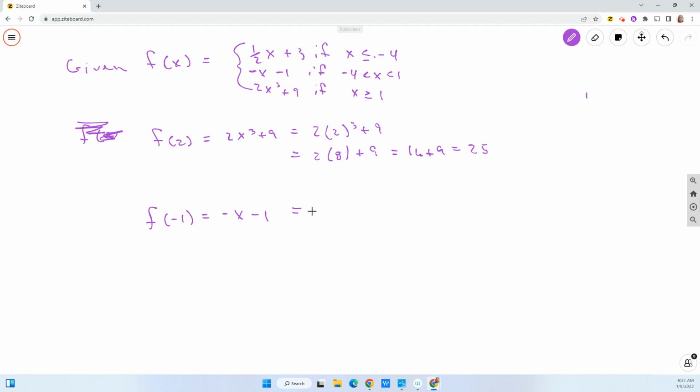Remember, if I'm plugging something in, always put it in parentheses. And the reason for that is we have a negative in front of this x. You want to realize that it is a negative 1. So here we would have negative parentheses negative 1 minus 1, which is the same as saying 1 minus 1, which is just 0.